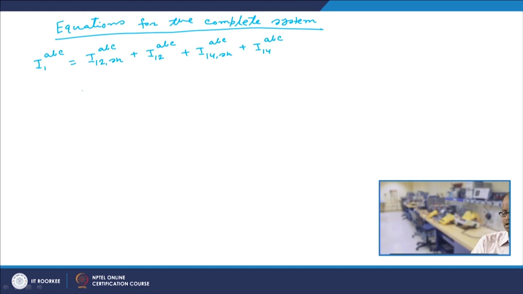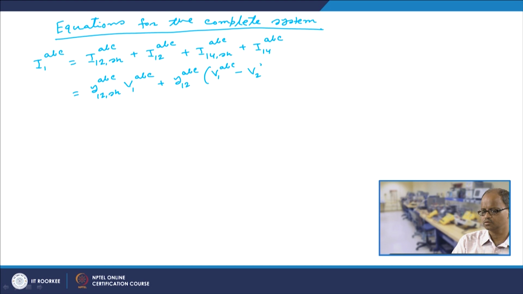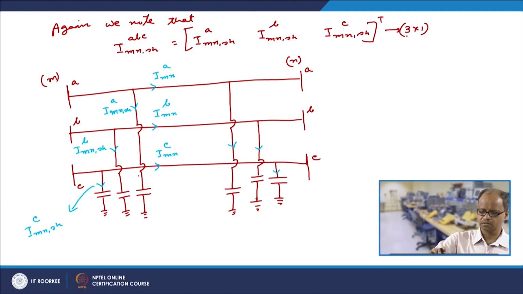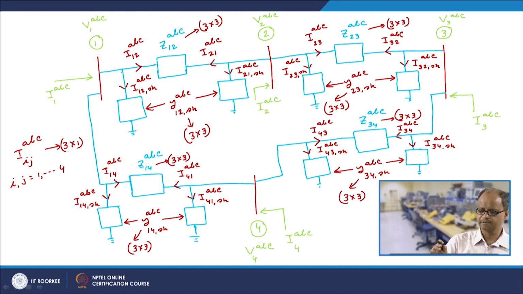Now, I12 shunt ABC is nothing but Y12 shunt ABC into V1 ABC. I12 ABC would be Y12 ABC into V1 ABC minus V2 ABC, right.